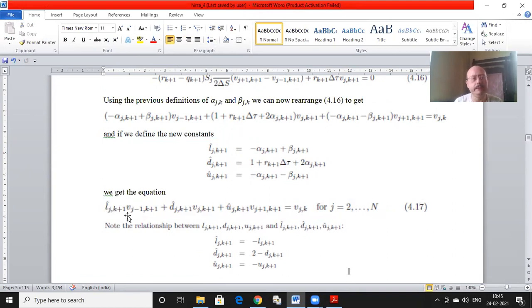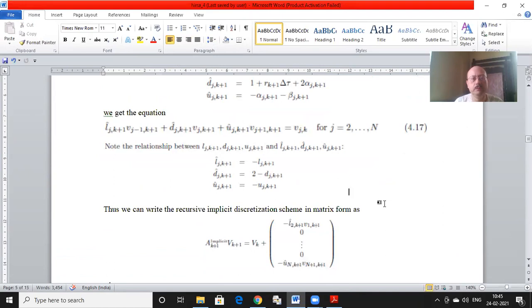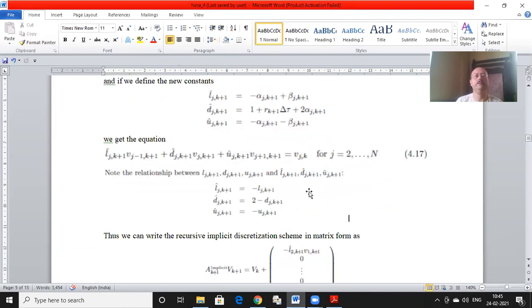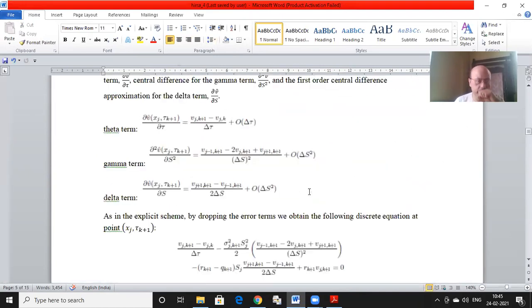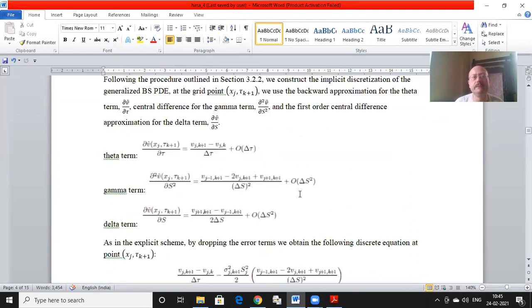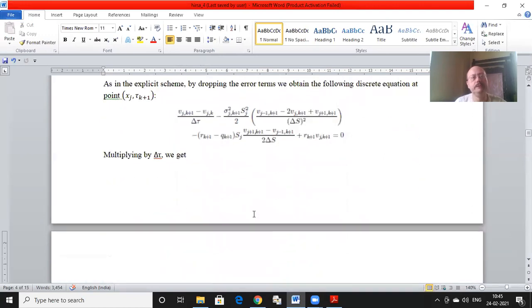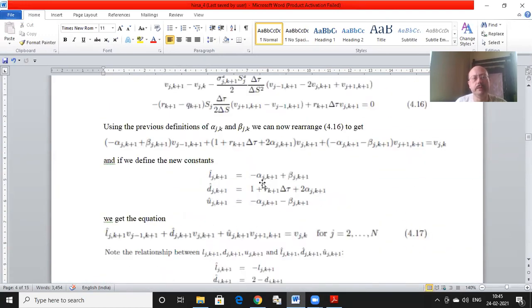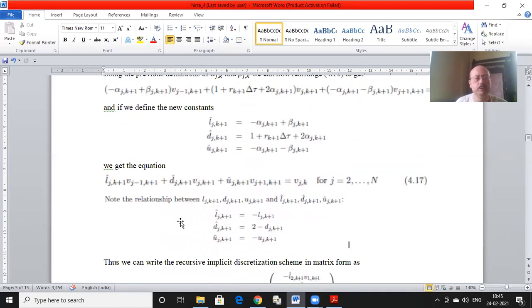So 4.17 is the form which we are going to finally look at. So is this clear so far? It is just a standard implicit discretization scheme for the Black-Scholes PDE. These were the original terms, which we then put together and use the symbols alpha, beta, L, D, and U, etc., as in the explicit scheme, to finally arrive at an equation which looks like 4.17.